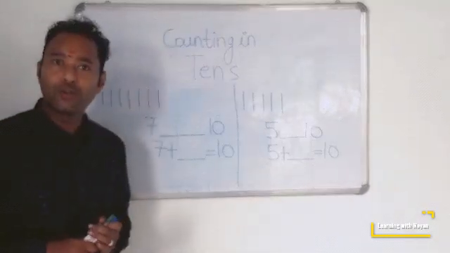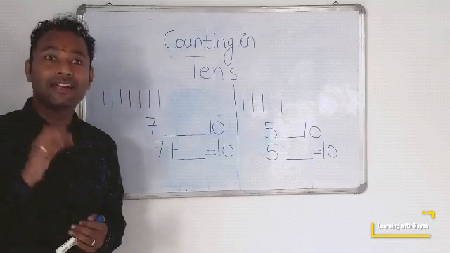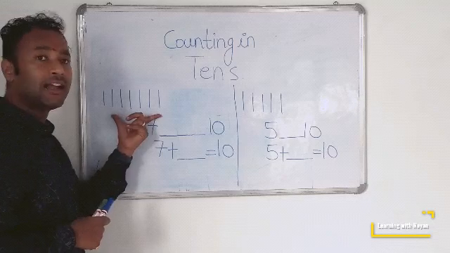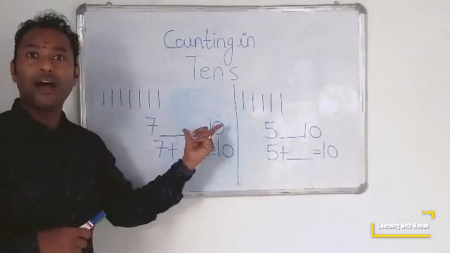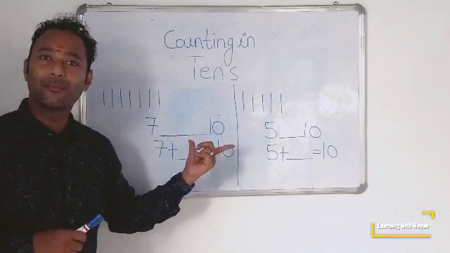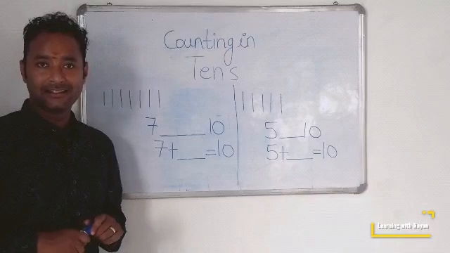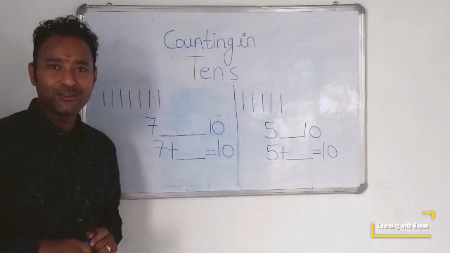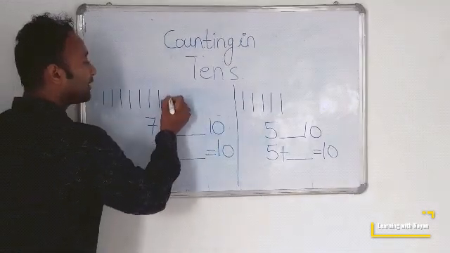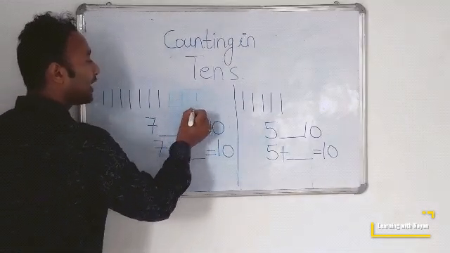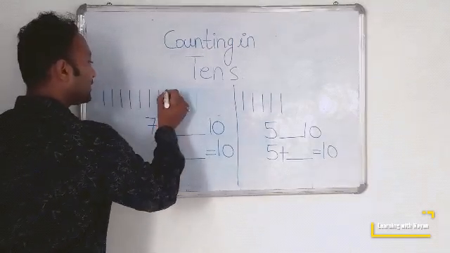Students, I have taught you that we can form a bundle with 10 sticks. But here there are only 7 sticks. So to make a bundle of 10, how much will I add? Can you tell me, students? Yes. So I will add 3 more sticks to form a bundle of 10.